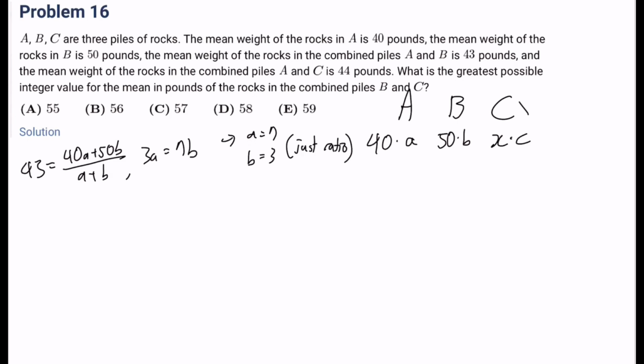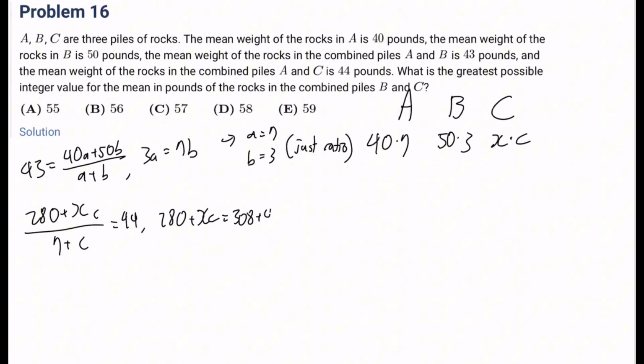Now we can get on to B and C. And the next for A and C, that's 44 pounds. We said that A is 7, B is 3, so we can just substitute that. So A is 7, B is 3, and so getting that will be 40 times 7, that's 280, plus X times C, all over 7 plus C. This is going to be equal to 44, and this gives us that 280 plus XC equals 308 plus 44C.